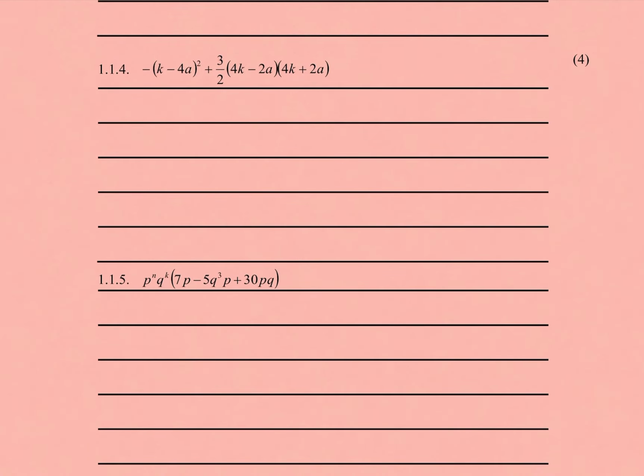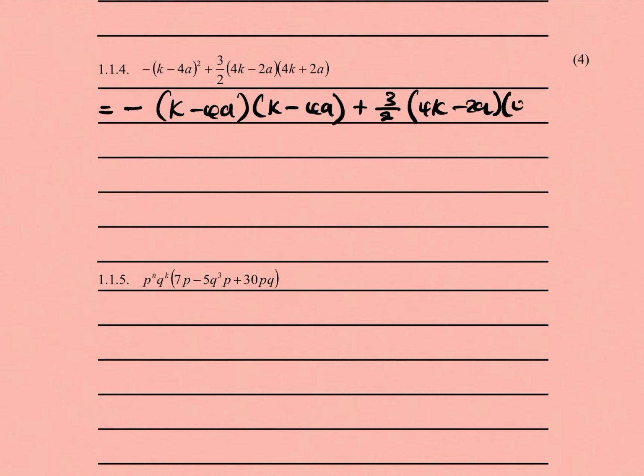And then now the 1.1.4, pay attention, you have a negative outside, so keep that negative, and you have k minus 4a into k minus 4a, and then a plus 3 over 2 into, we have a 4k here, minus 2a into 4k, and then a plus 2a. Now let's first deal with that.